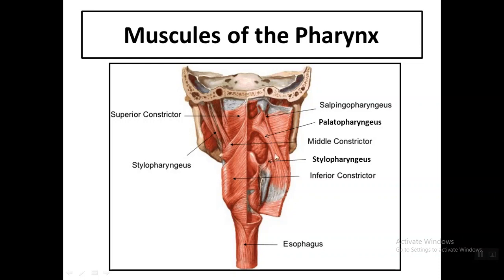Another muscle is called stylopharyngeus, from the styloid process to the pharynx. Another muscle is called salpingopharyngeus, from the auditory tube down to the pharynx. Their fibers run longitudinally.